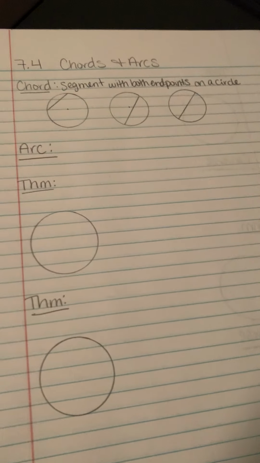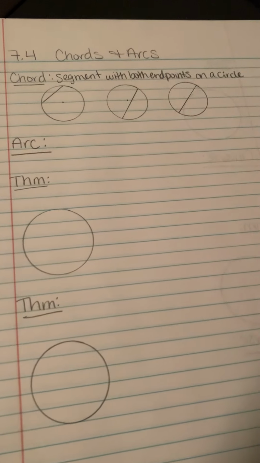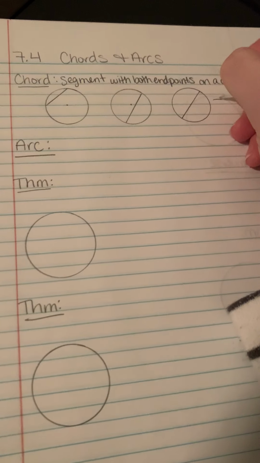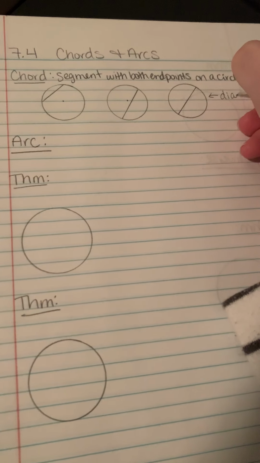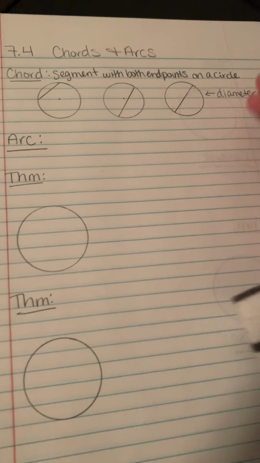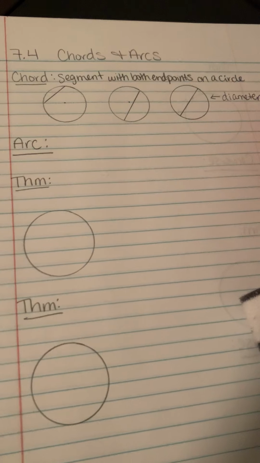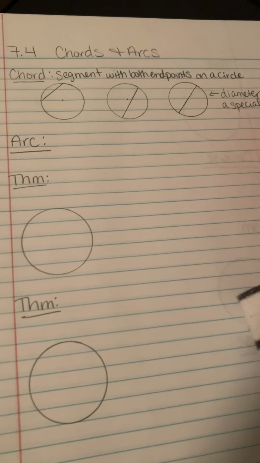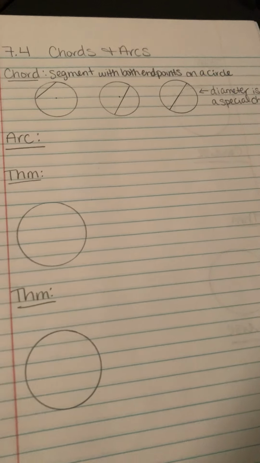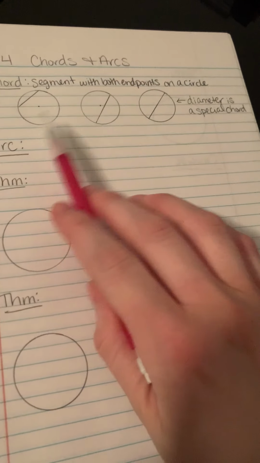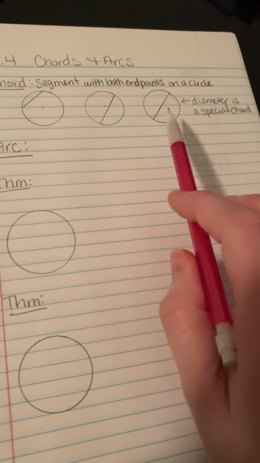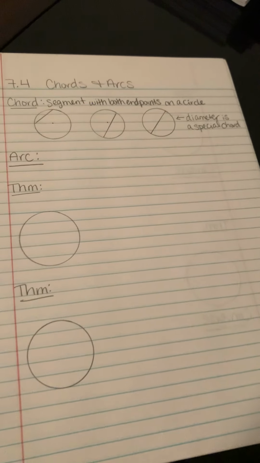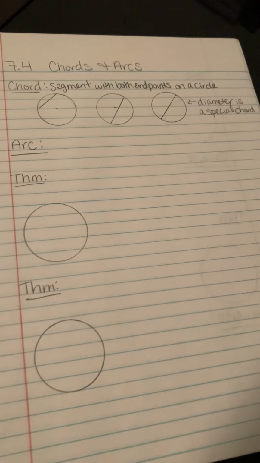Now, this one has a special name because when you have a chord that goes through the center, we call it a diameter, which is essentially a special chord. Okay. So these would be referred to as a chord, and this would be referred to as a diameter. But in its normal sense, it is a special chord.